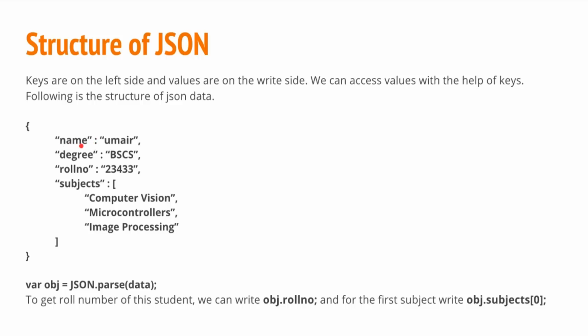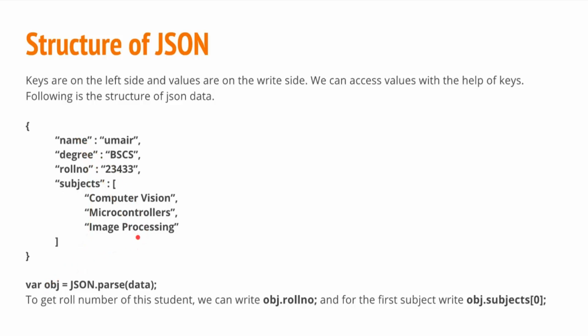On the left side, name is a key and Umair is a value, same as degree is a key and BSCS is a value. And we can define other objects or arrays: nested objects in an array, an array inside another array, or an array inside another object. Whatever we want depends upon our requirement. So this is the structure of JSON.